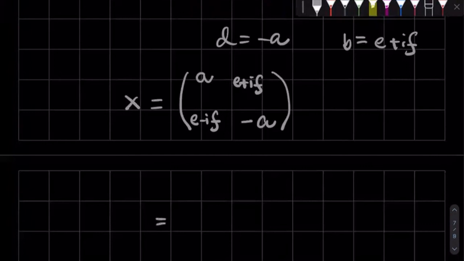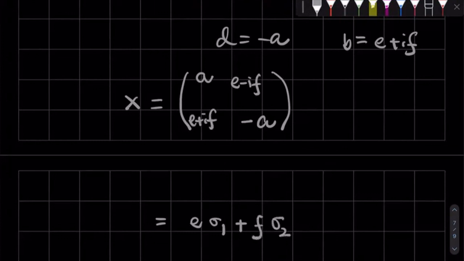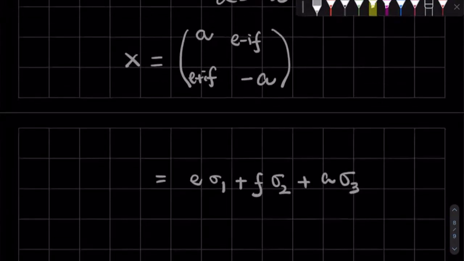And this we can write as E sigma 1, F sigma 2 plus A sigma 3. Okay. Does it answer your question, Rahul? Yes, sir.